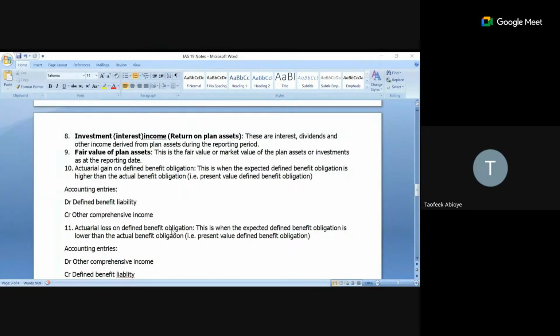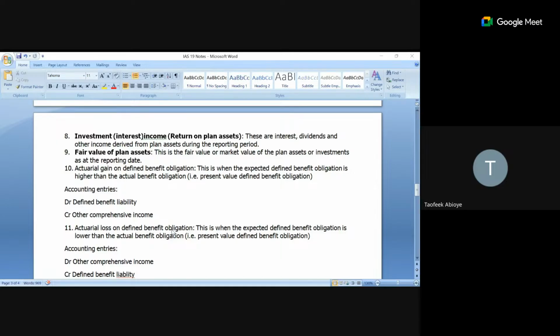Remember that IFRS 9 says that investment, which is financial assets, should be measured at fair value. So what is the fair value? It is that analyst that will tell you, this your investment is now 150 million. Although what you contributed is 120 million, the fair value is 150 million.